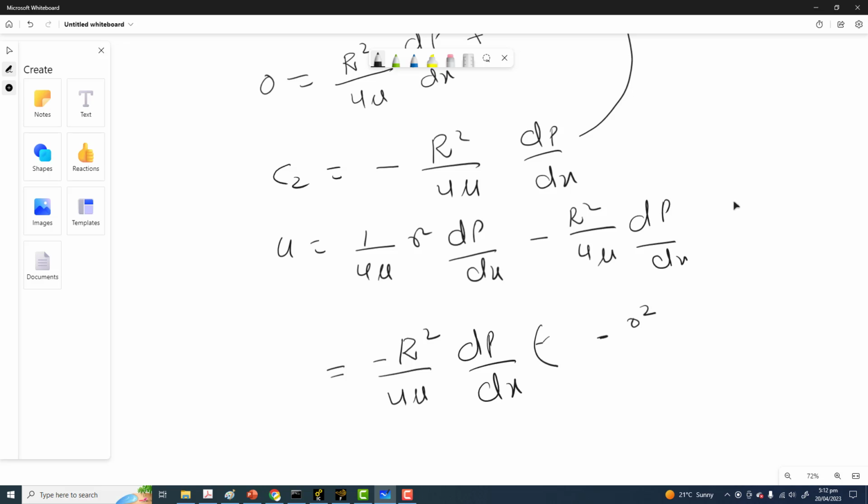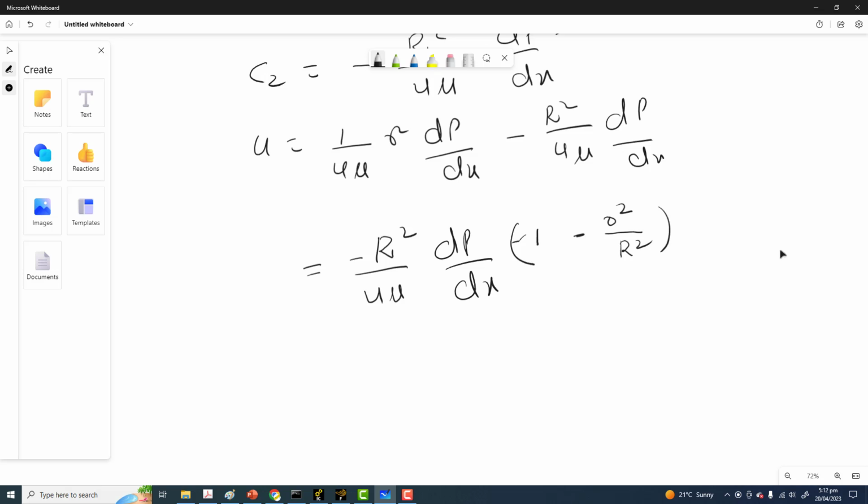This term will be positive, and since R² is taken out, this will be only 1, and the r² term will be divided by R² here. So now we have u = −R²/(4μ) dp/dx (1 − r²/R²).